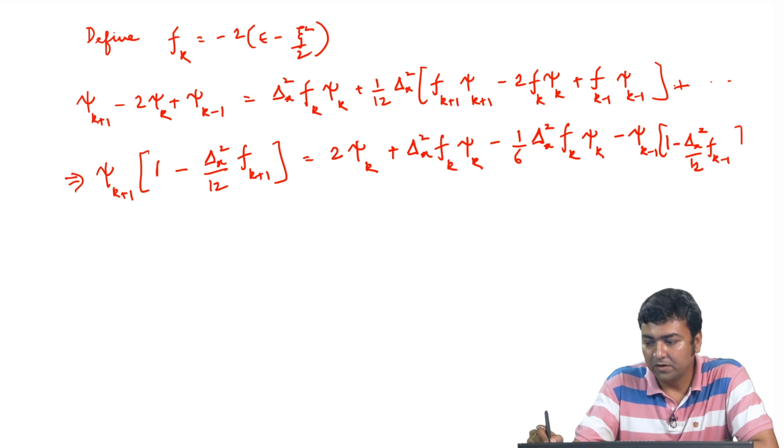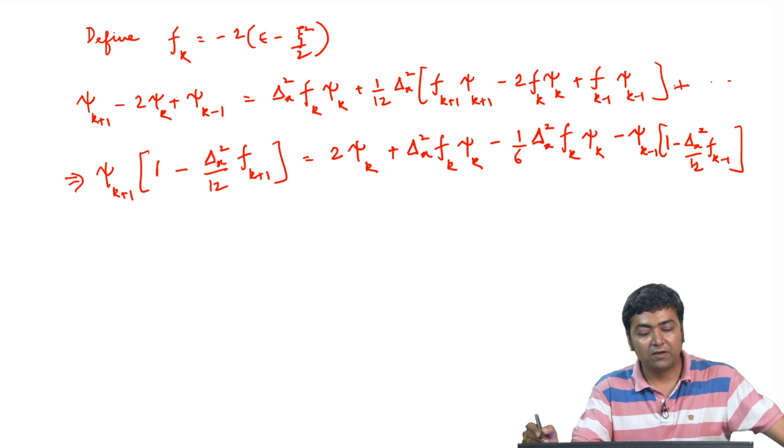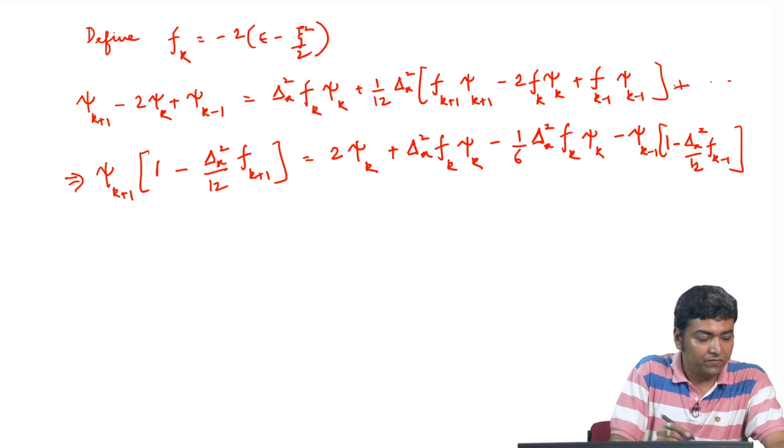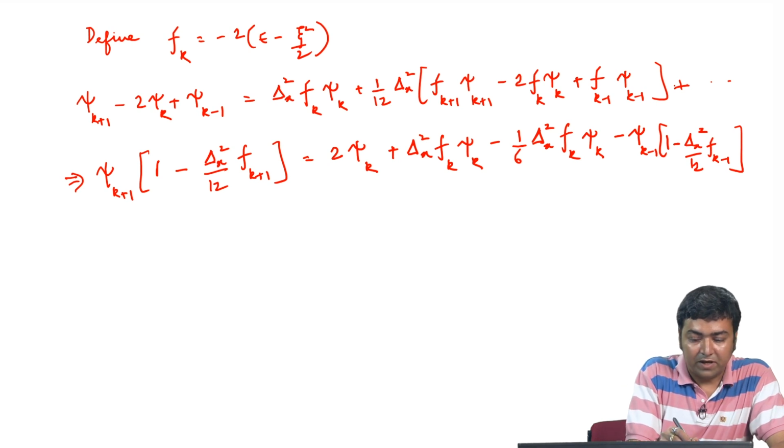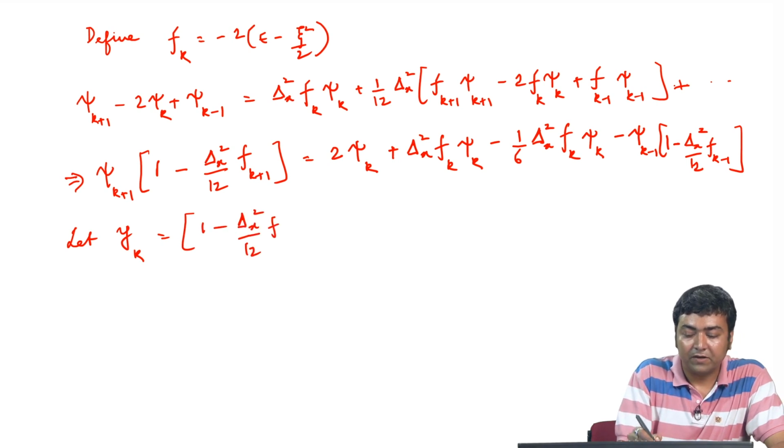Just to simplify the notation further, we will define another variable which we call y k, and we will choose y k equals 1 minus del x square by 12 f k.